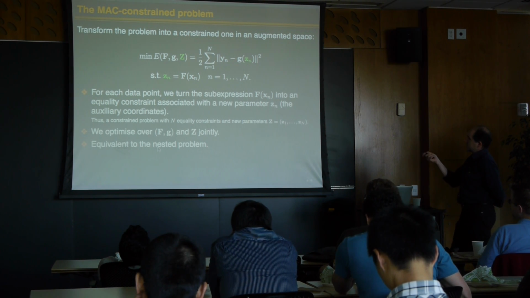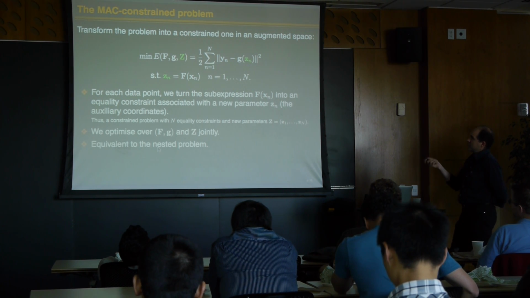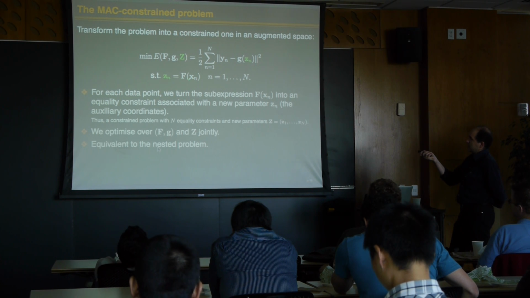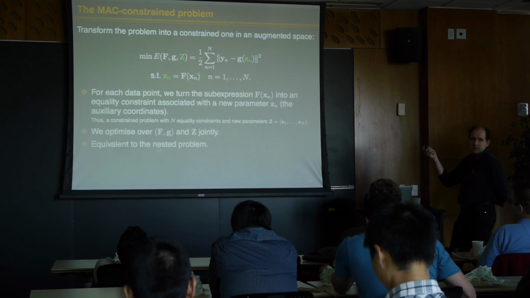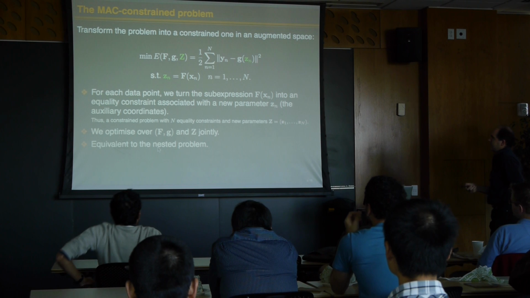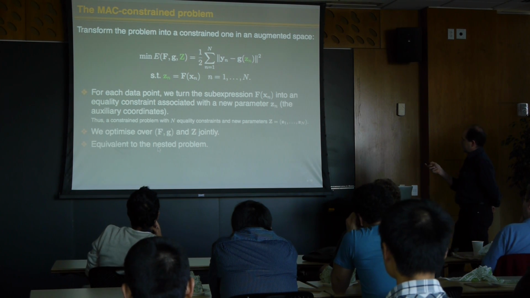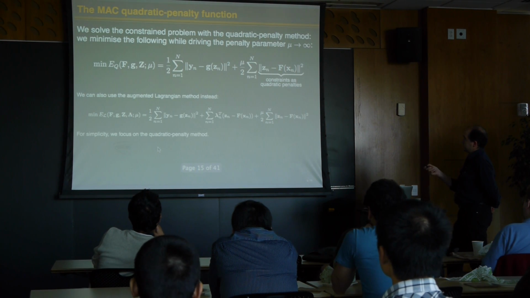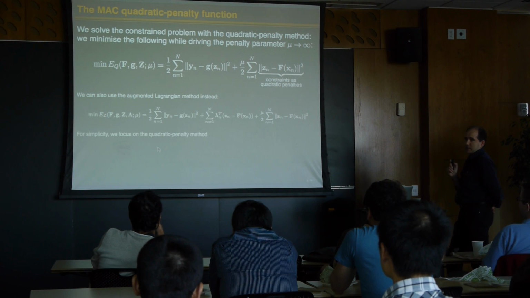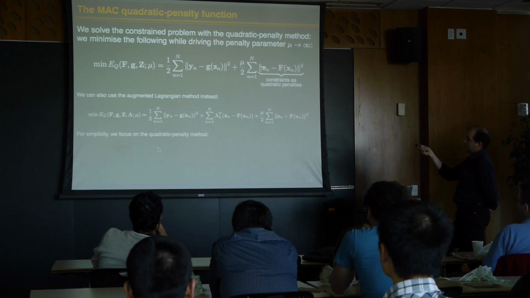Okay, so then the question is how to optimize that. At first sight, you might say, well, I see that z equals that, so I just eliminate it, but then you go back. So that's not what I do. Instead, I use a penalty method to optimize that constraint problem. So you see that the constraints come up to the objective squared. This is an error, a violation of the constraint.